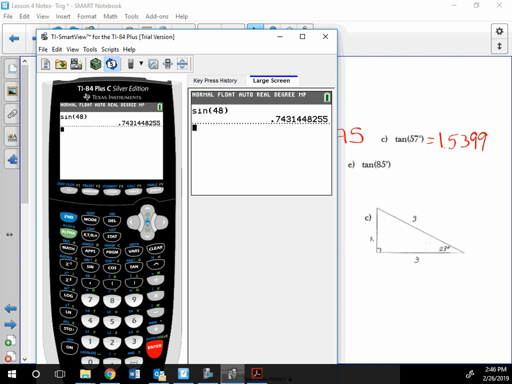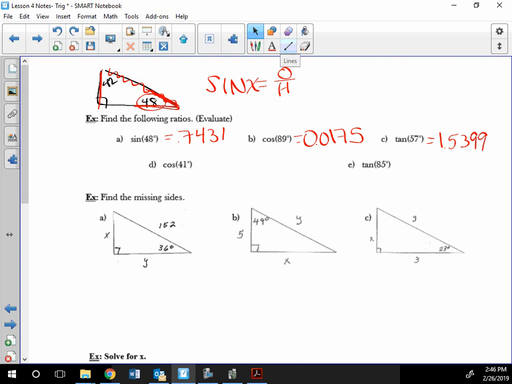It is an irrational number, so it is not a nice 4-place decimal. So this is the full decimal. In here, we're going to go to 3 decimal places unless otherwise specified, okay? You're always welcome to go more, but we're going to go to 3 unless told otherwise. So 0.7431. Oh, looky there. That's what they did. Such hard work on that table for you. So now go and use your calculator, do cosine of 41 and tangent of 85.